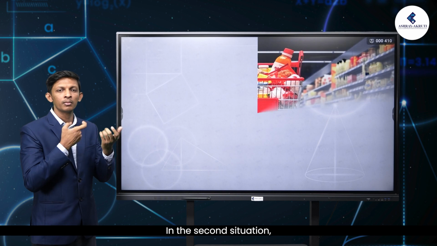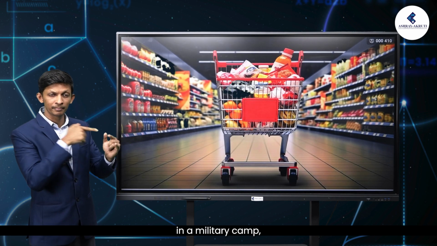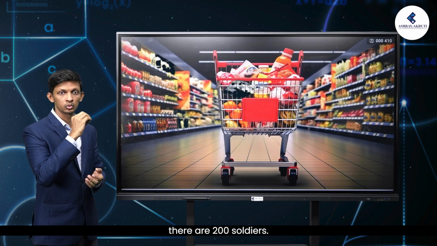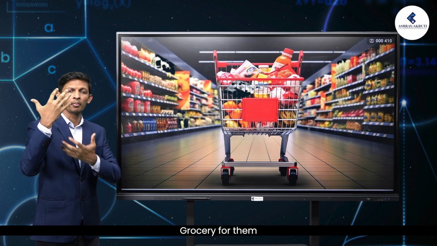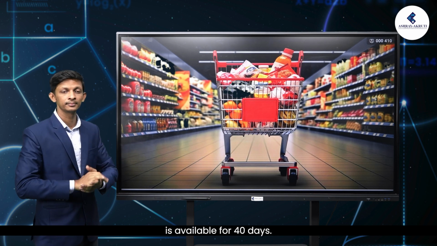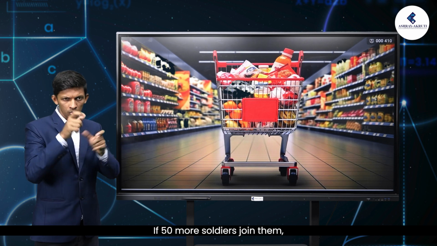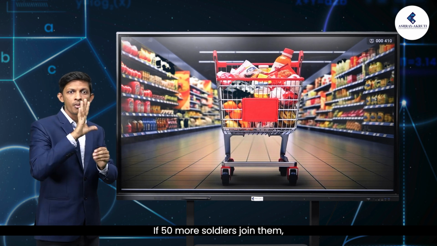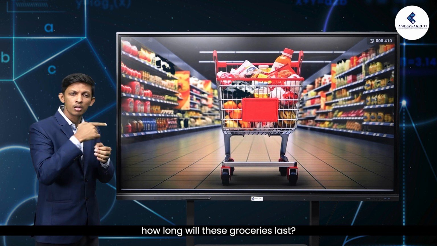In the second situation, in a military camp, there are 200 soldiers. Grocery for them is available for 40 days. If 50 more soldiers join them, how long will these groceries last?